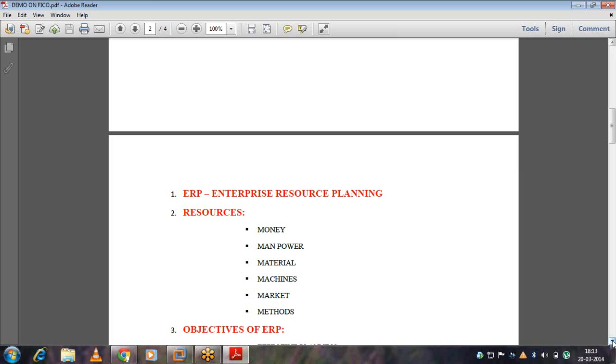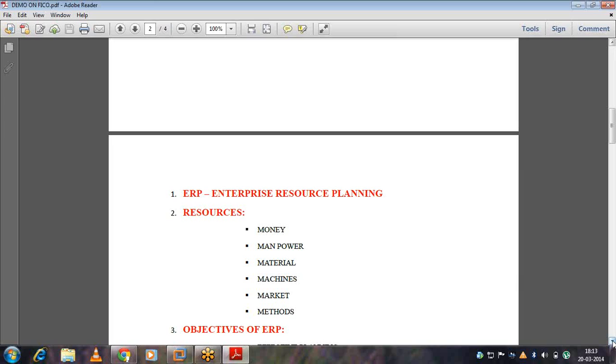But the point here is, how to utilize the resources effectively. That is a big headache for each and every organization. Everybody knows it's a proven concept that if we can make use of the resources effectively, we can increase the profit. But how to make use of the resources effectively, qualitatively?